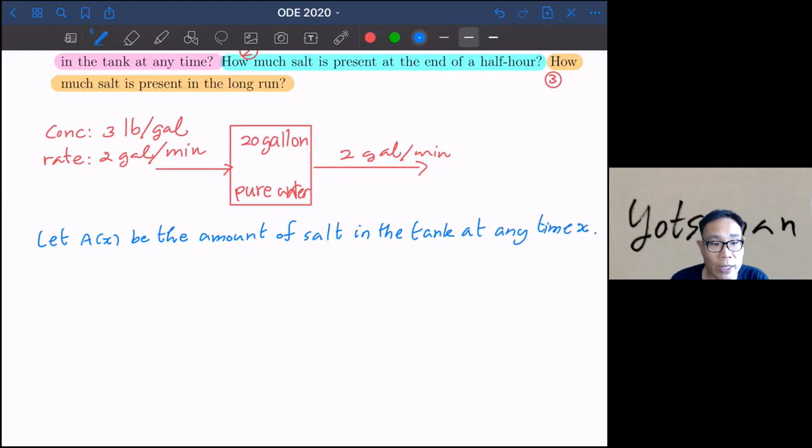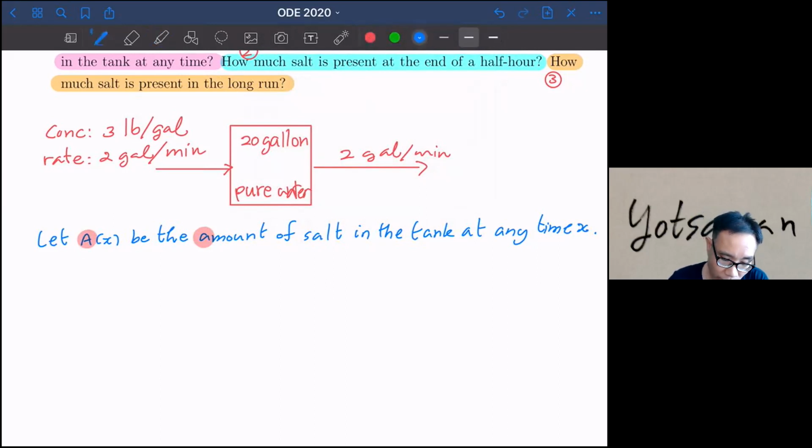I use A for the amount, so it's the amount of salt at any time x in the tank.